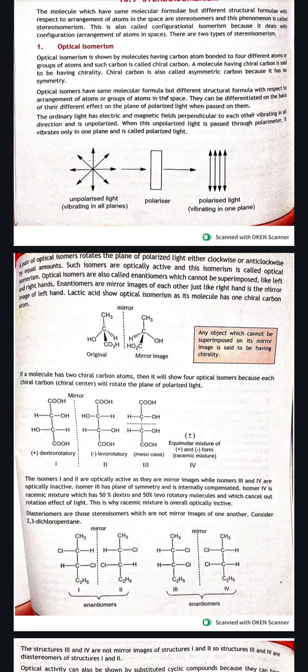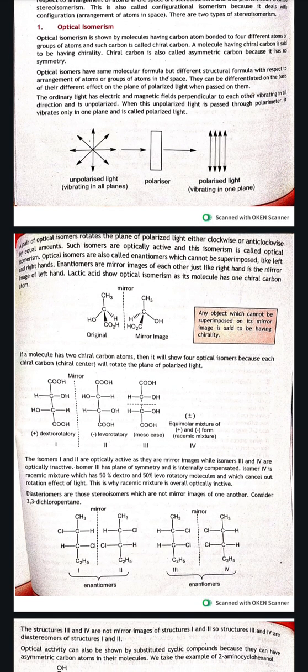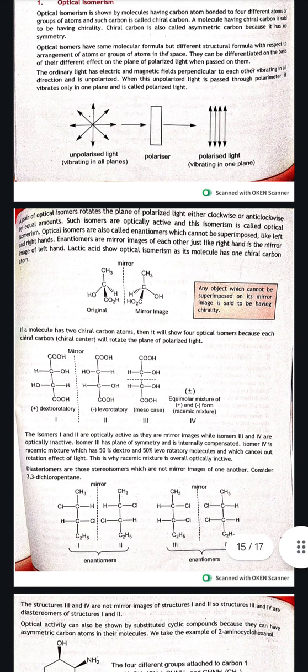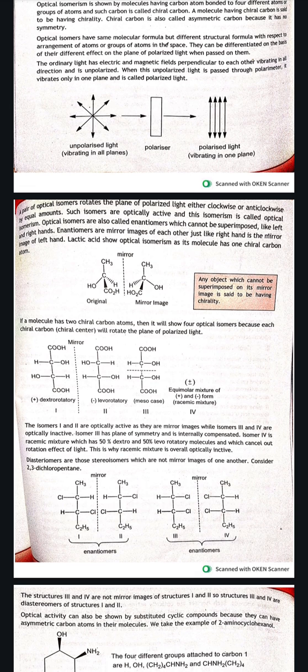Optical isomerism is shown by molecules having a carbon atom bonded to 4 different atoms or groups of atoms, and such a carbon is called the chiral carbon. Chiral carbon is one that is said to have chirality or the chiral center. Chiral carbon is asymmetric carbon because it has no symmetry. It has different groups attached on the 4 sides of the carbon. There should be no symmetry. It should be asymmetric carbon.